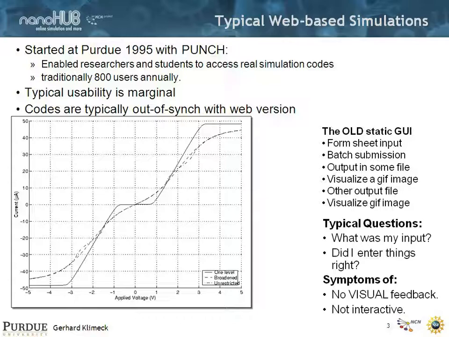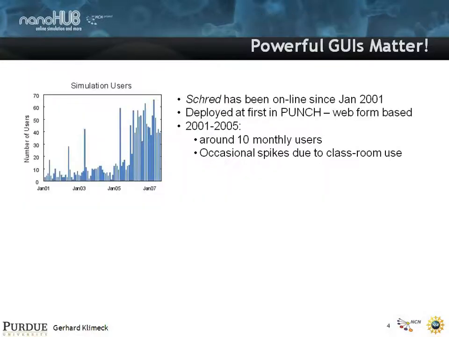Did I enter these things right? And that's a typical symptom of no visual feedback and no interaction. Okay? It's really something that is more powerful than not having the tool at all, but it's not very user-friendly either. And the point is, you still have to be a computer geek because you have to download your own stuff into your own visualization engine as well.